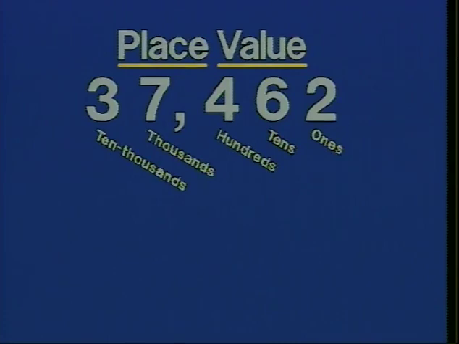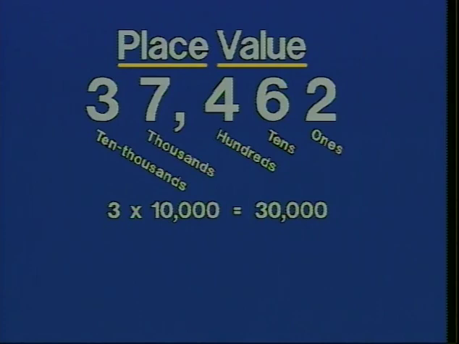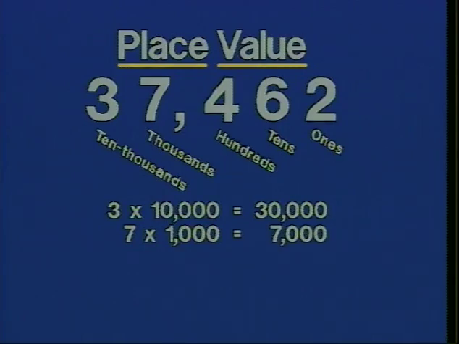Now, each place value, along with the digit in that place value, contributes to the value of the overall number. For example, the 3 that is in the 10,000s position means 3 times 10,000, or 30,000. That is its contribution to the overall value of the number. The 7 in the thousands position means 7 times 1,000, or 7,000. 4 in the hundreds position means 4 times 100, or 400.